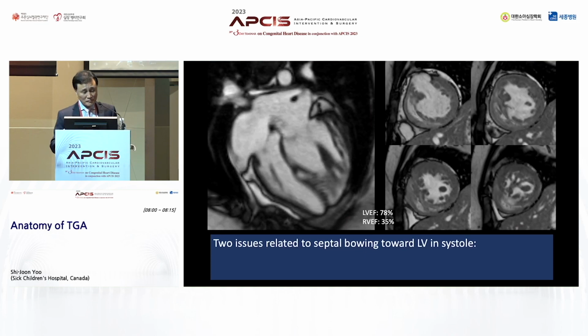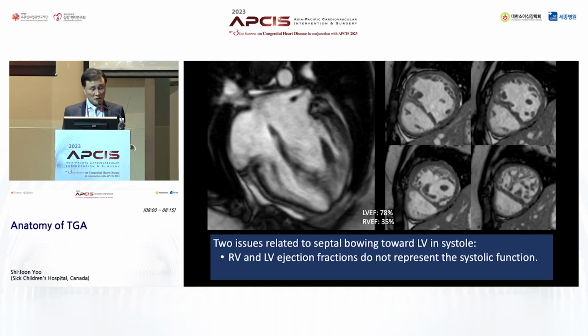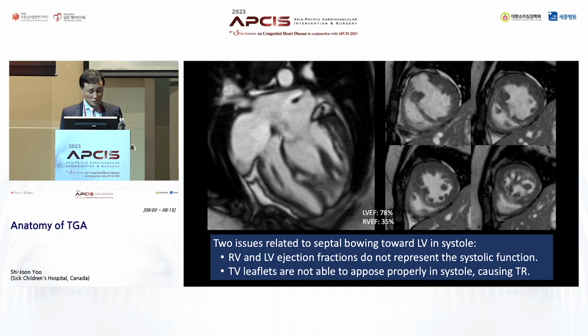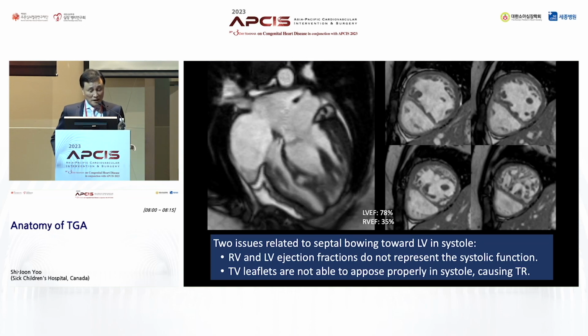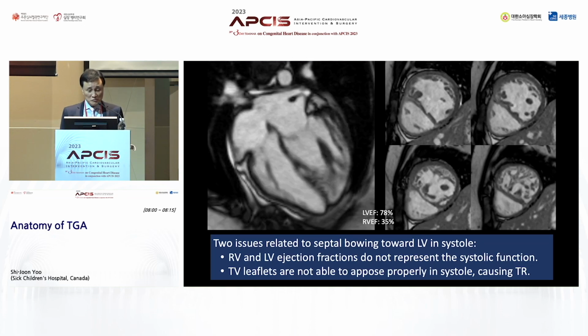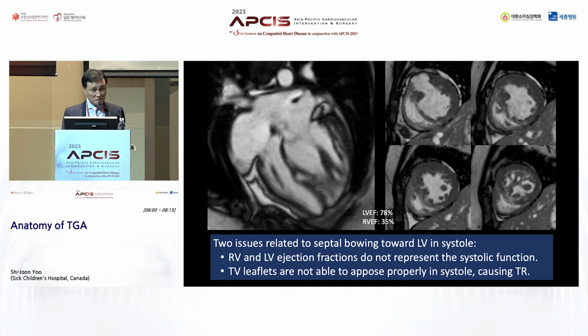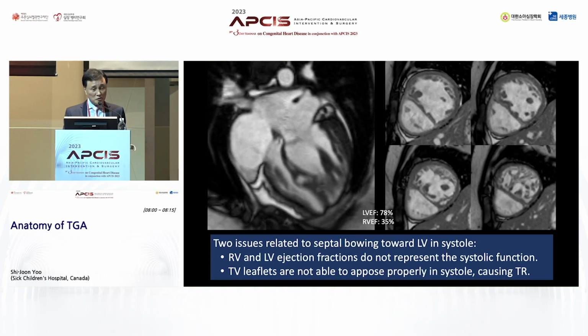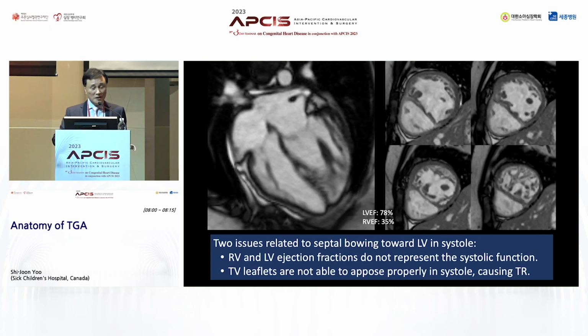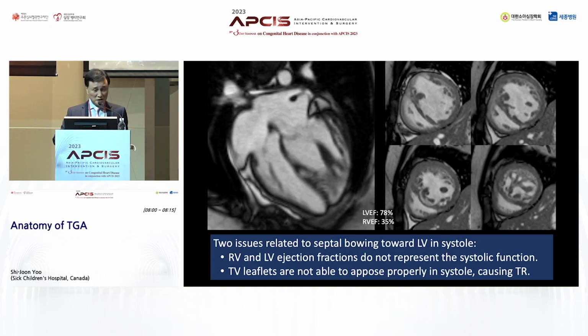Okay. So two issues related to septal bowing toward the left ventricle in systole. The first, RV and LV ejection fraction do not represent the systolic function. The second, the tricuspid valve leaflets, as we discussed, are not able to oppose properly in systole, causing tricuspid regurgitation.